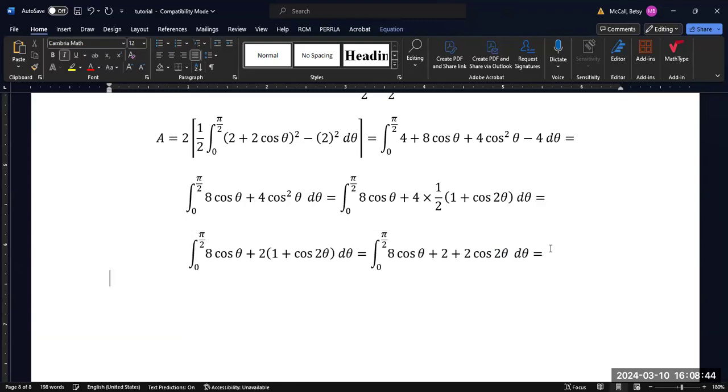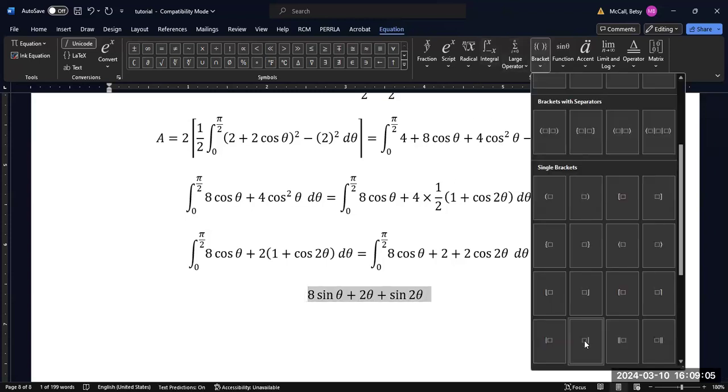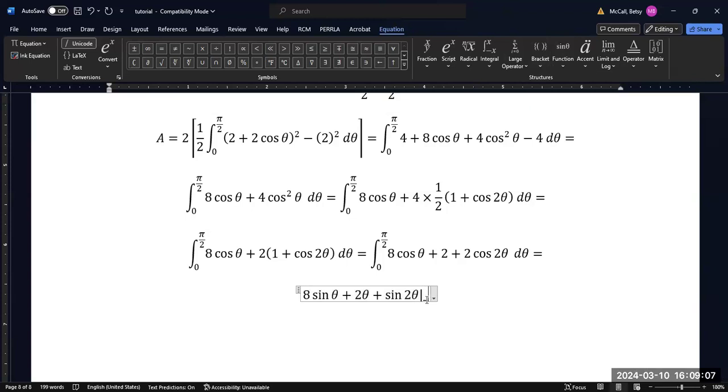And if I integrate, I end up with 8 sine theta plus 2 theta plus sine 2 theta evaluated between 0 and pi over 2.